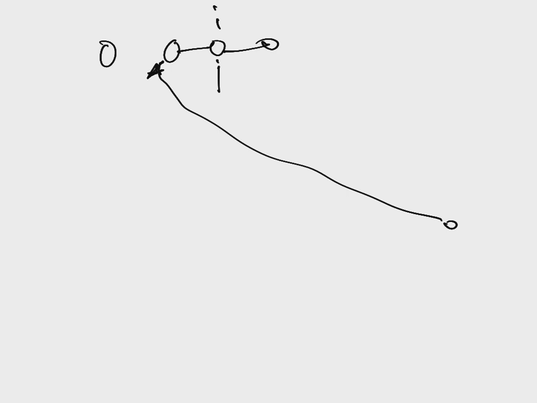What is HEAD? HEAD is a pointer to the last commit. And HEAD~1 means reset, or delete, one last commit starting from the head.